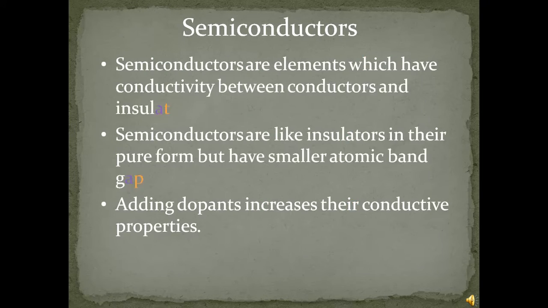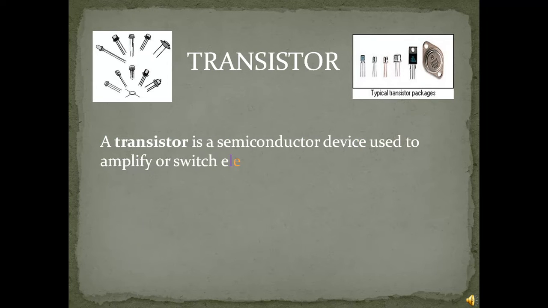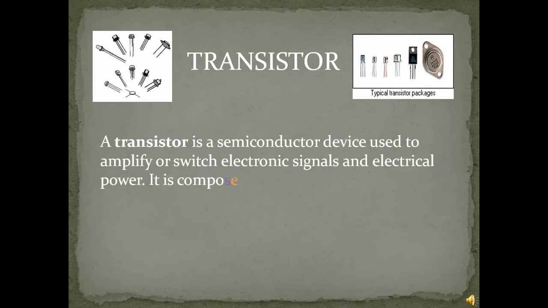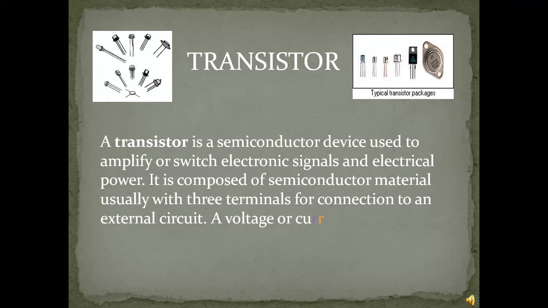Semiconductors are elements which have conductivity between conductors and insulators. Semiconductors are like insulators in their pure form but have smaller atomic band gaps. Adding dopants increases their conductive properties. Transistor. A transistor is a semiconductor device used to amplify or switch electronic signals and electrical power.